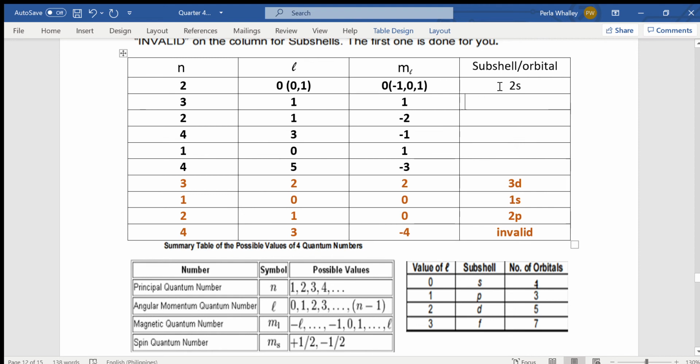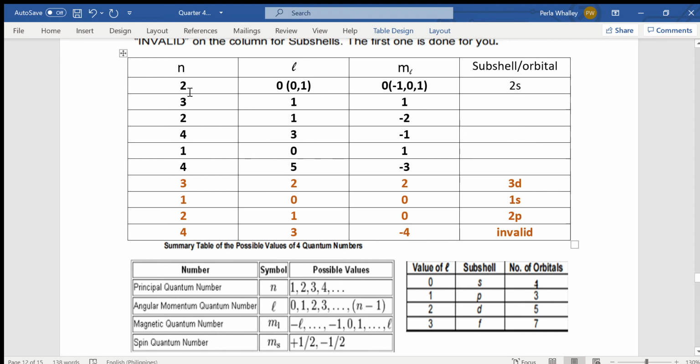So now identify the subshell or the orbital. If L is equal to 0, what is the subshell? The value of L is 0. The subshell is S. And what is the energy level of the electron in the s orbital?